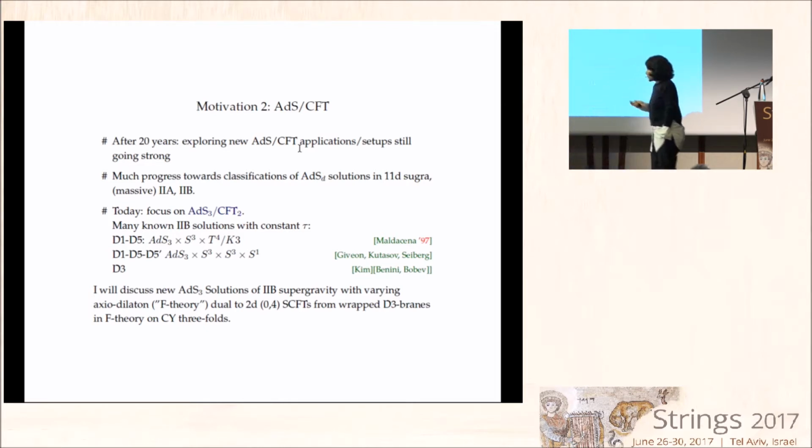What we'll look at more is D3 branes. And also here in type IIB perturbative string theory, there have been solutions by Kim and Benini-Bobev. So what we'll do is consider a generalization of this last class, coming from wrapped D3 branes, but where we allow some additional F-theoretic ingredient.